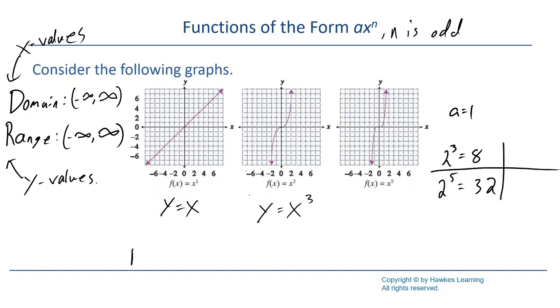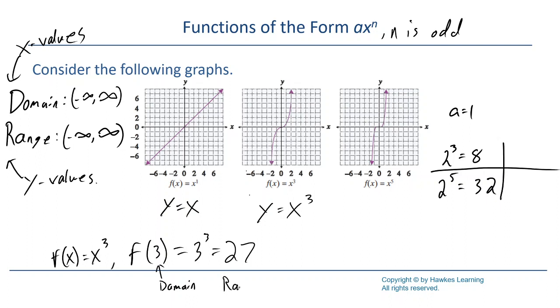If I do f of 3, and let's say I'm using f of x equals x cubed, then I plug that in and get 3 cubed, which is 27. So this came from the domain, and this came from the range.